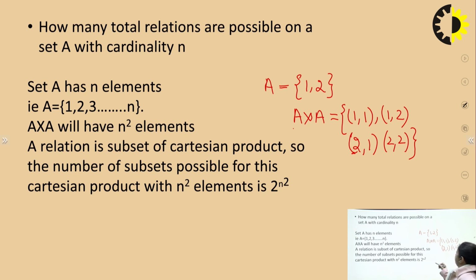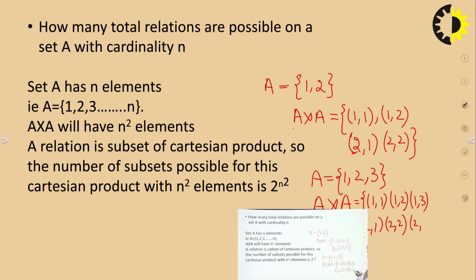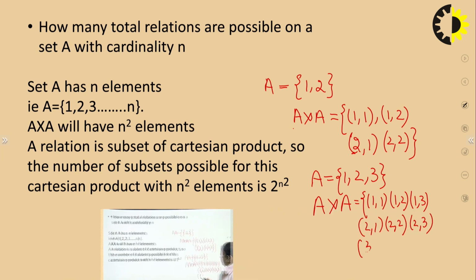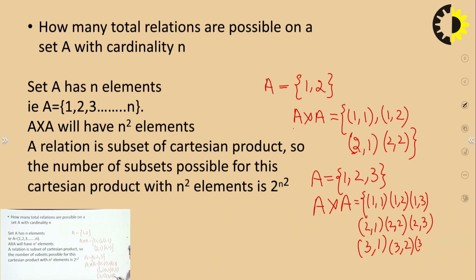Same way I can see that when I have 3 elements in my A, my A cross A becomes (1, 1), (1, 2), (1, 3), same way (2, 1), (2, 2), (2, 3), then (3, 1), (3, 2), (3, 3).